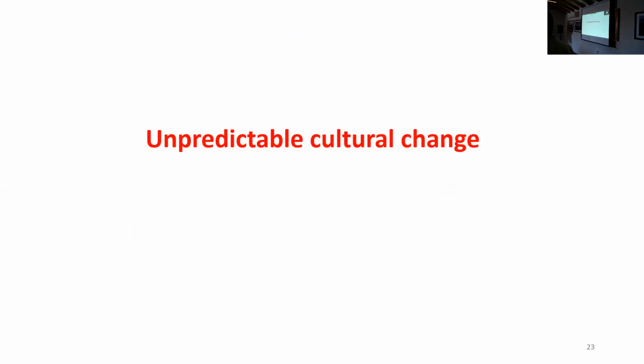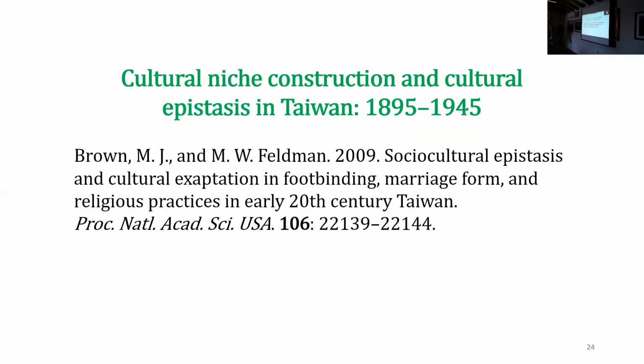Now I'm going to give an example of a transition that happened not very long ago that possibly nobody could have predicted. This comes from work that I did with Melissa Brown from the anthropology department, who has been studying China for quite a long time, and in particular, Taiwan. Why Taiwan is really useful is because it was colonized by the Japanese in 1895, and the Japanese have meticulous demographic records.